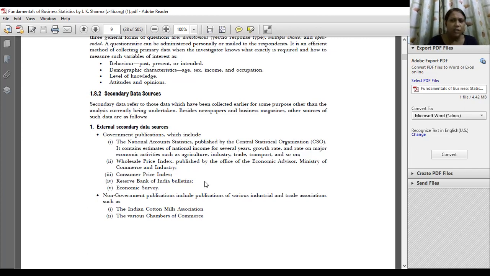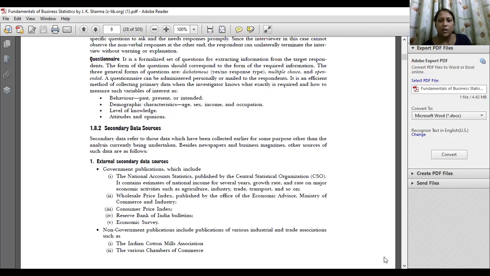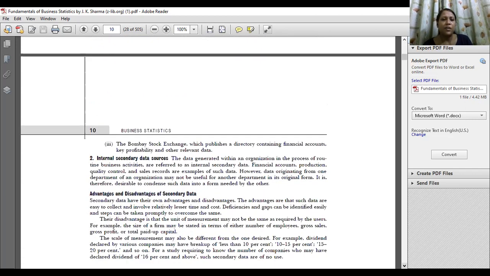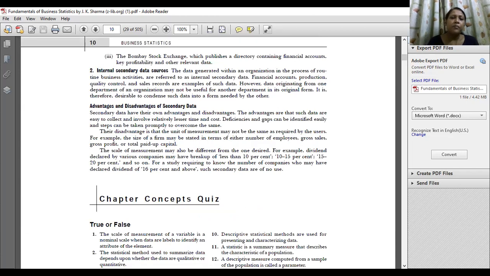This will not involve any direct interview, questionnaire, or whatever you call it. So all these are external sources of data. The next secondary source of data is the internal secondary data source. What is it? The data generated within an organization in the process of routine business activities are referred to as internal secondary data. Say you are working in an academic institution.